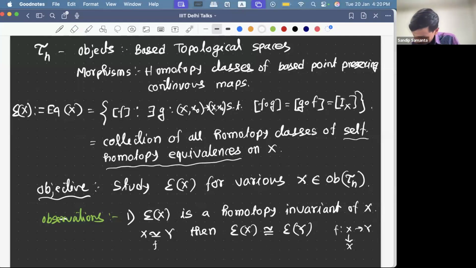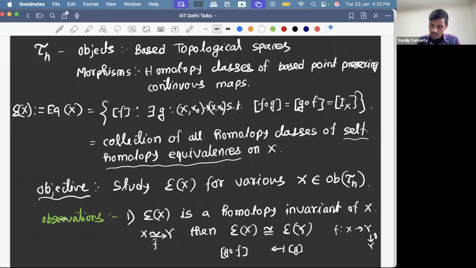So F is in this direction, and I want the map in this direction, Y to Y. If you start from X, then it goes over Y. So send this G to that composite.